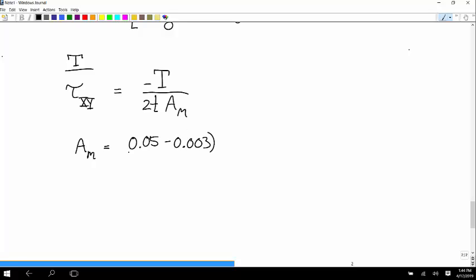That's subtracting half of the thickness on the top and half of the thickness on the bottom, times 0.02 minus 0.003.